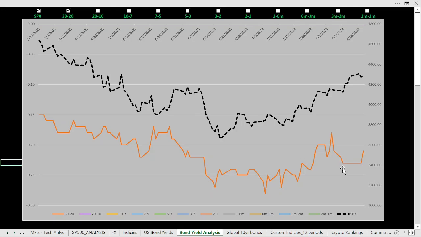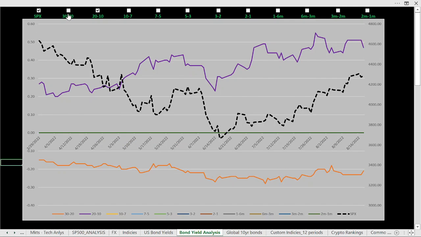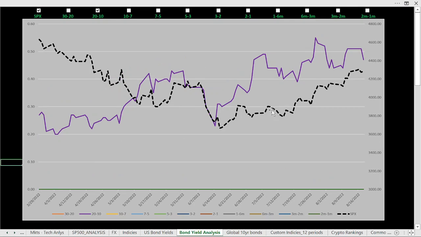So we start to look to see, okay, there was a correlation with the 30-20 spread. That fell apart. But for the time being, it looks like there's still a strong relationship between the S&P 500 and the 20-10.